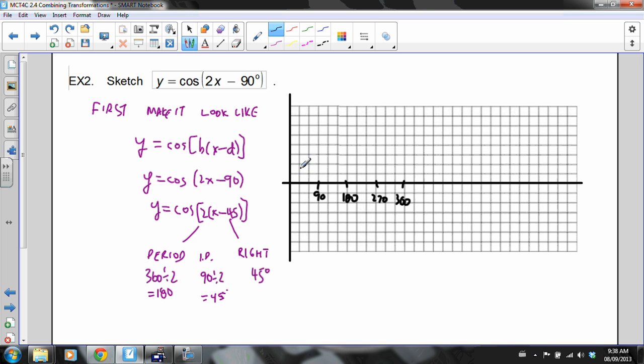No problem. Notice that in this one, our amplitude and our axis, or our vertical shift, and that sort of stuff is all normal.